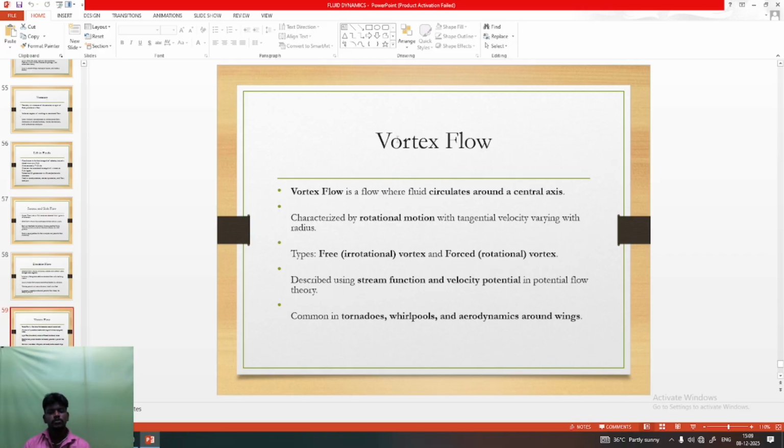It is described using stream function and velocity potential in potential flow theory. It is common in tornadoes, whirlpools, and aerodynamics around wings. This is the vortex flow.